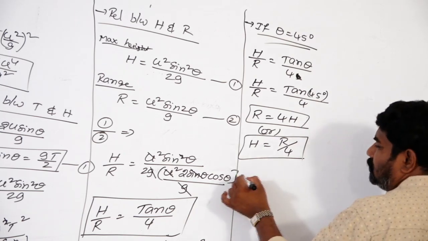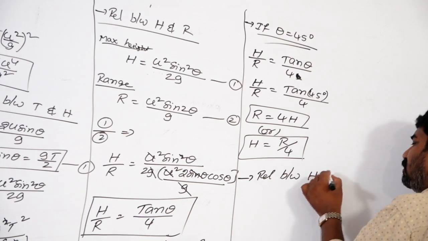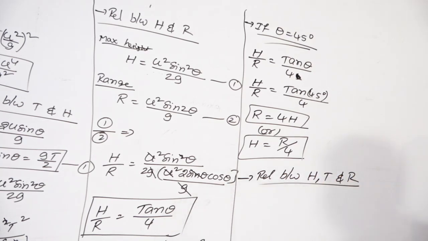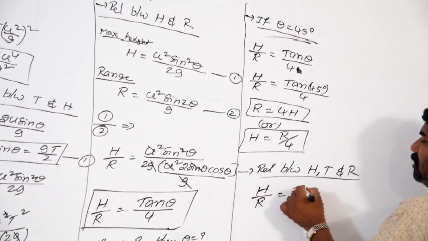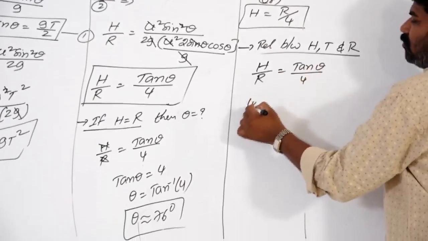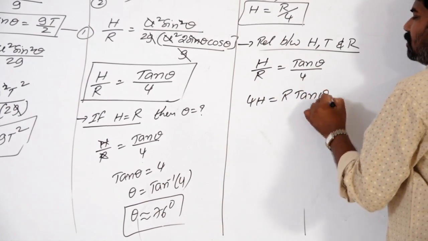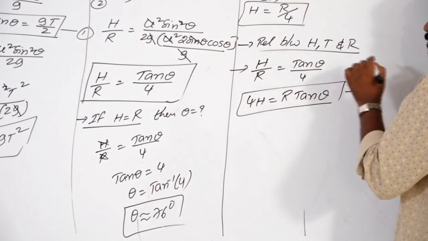Now, the relation between h, t and r. What is the relation between h, t and r? h by r is equal to tan theta by 4. That means 4h is nothing but r tan theta, equation number 1.